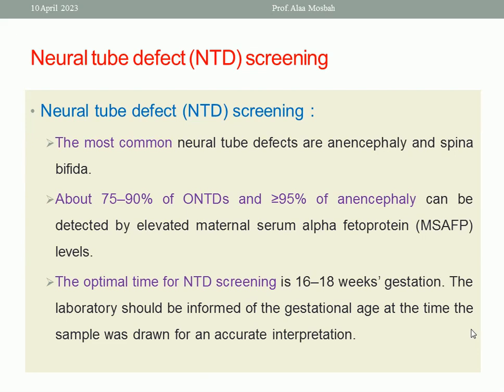The laboratory should be informed of the gestational age at the time the sample was drawn for an accurate interpretation. So please, when you send the blood sample to test for maternal serum alpha fetoprotein, please write the gestational age in your report, okay?